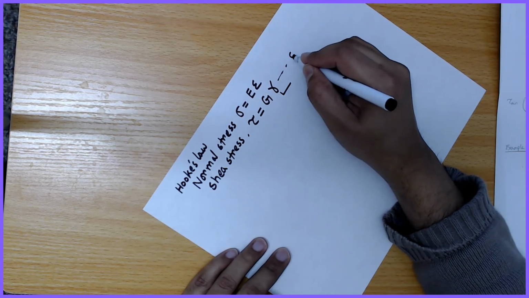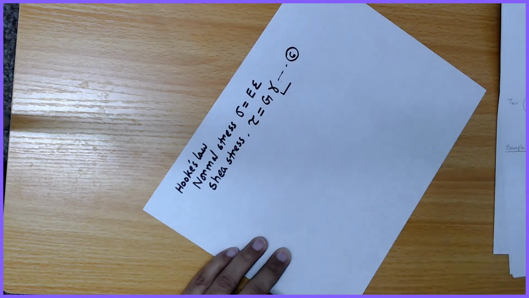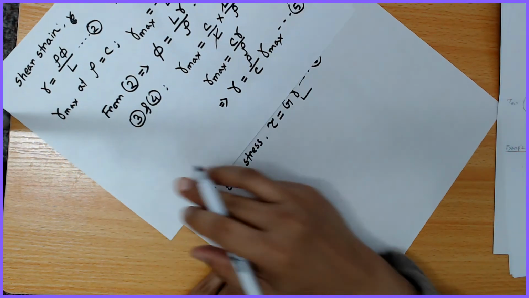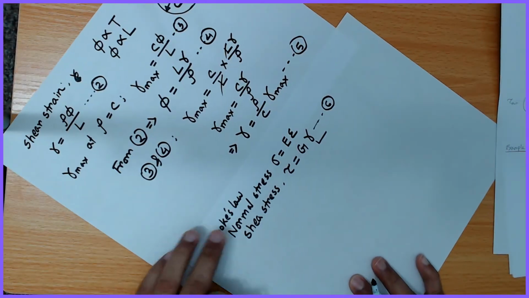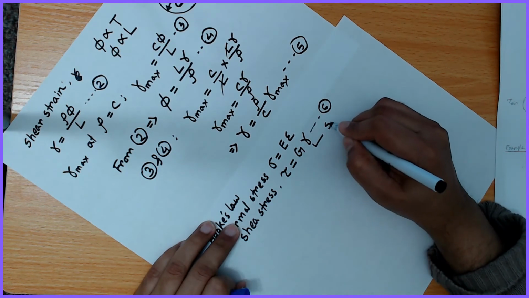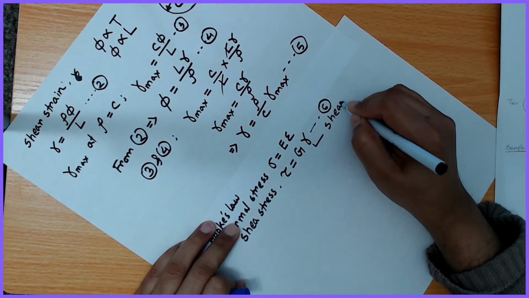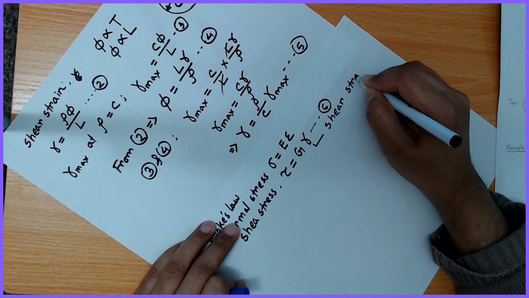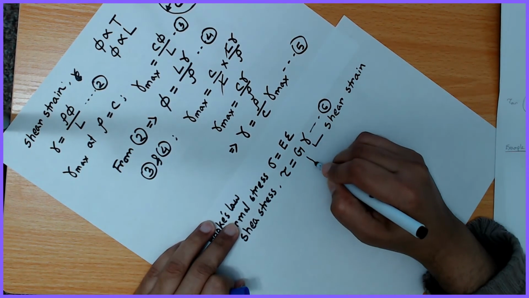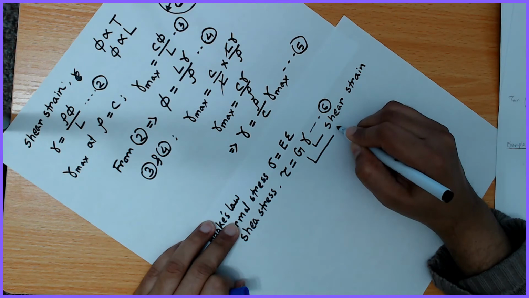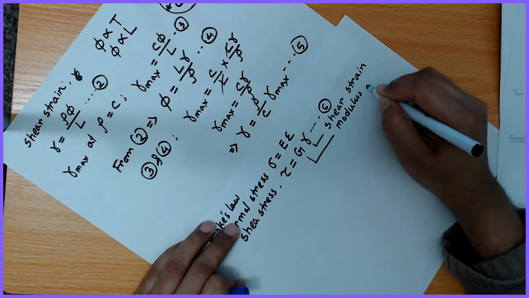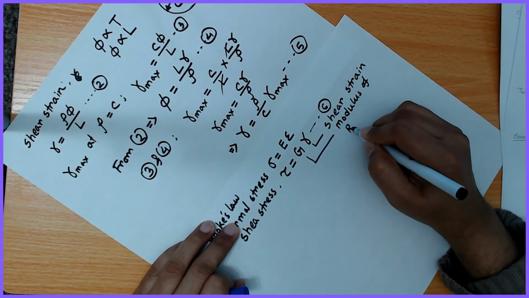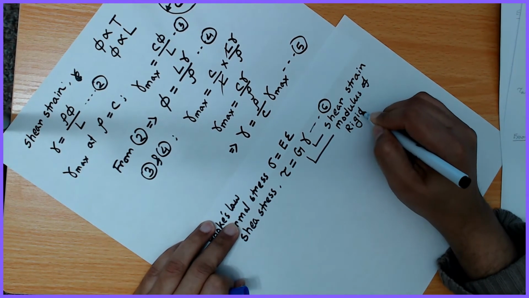So this is my equation number 6. This is my shear strain, and this G is the modulus of rigidity.